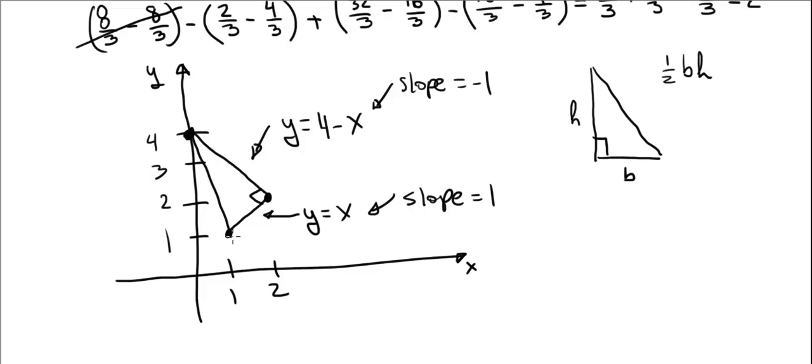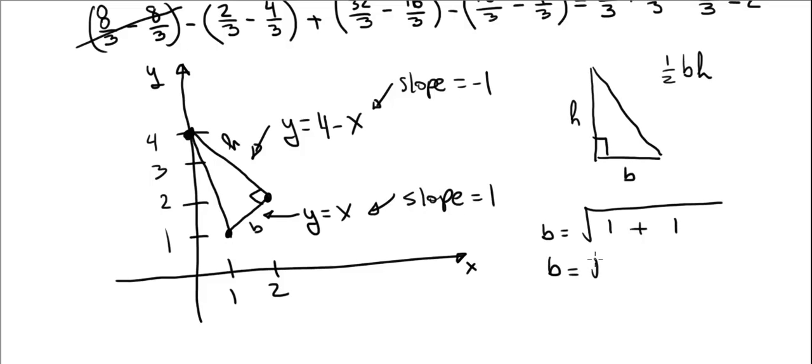So we're going to need to find this length. This is B and this is H. So B is just the distance from point (1, 1) to point (2, 2). Using the distance formula, B is equal to the square root of (2 minus 1) squared plus (2 minus 1) squared. So that's 1 plus 1 under the radical.